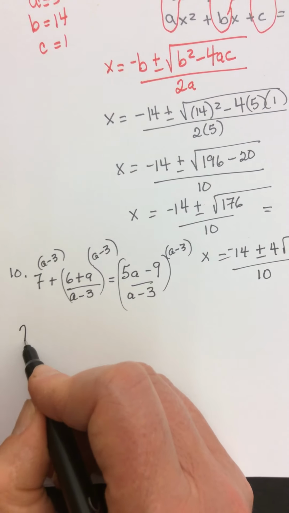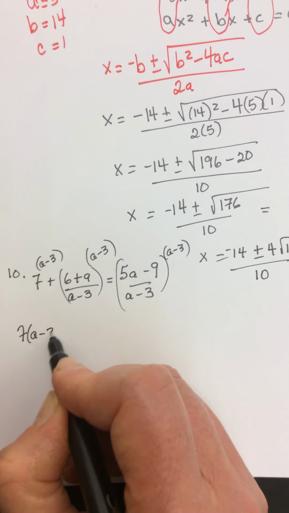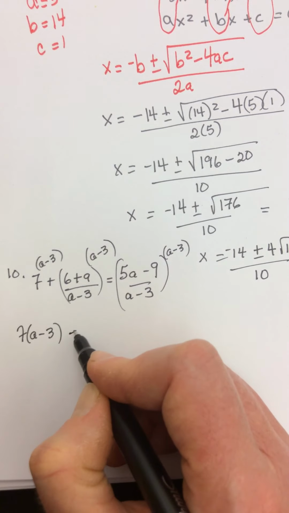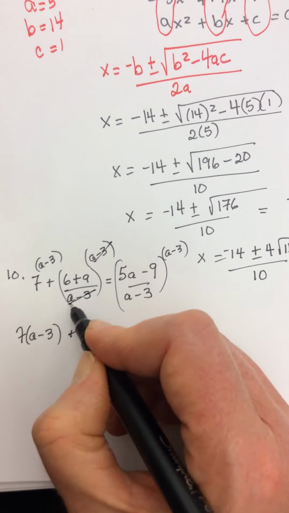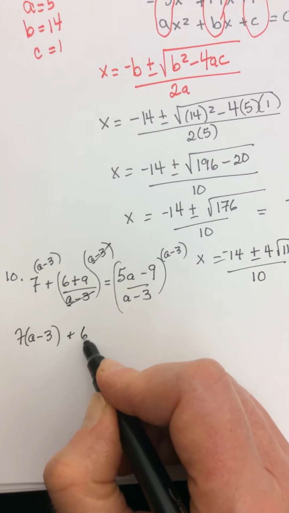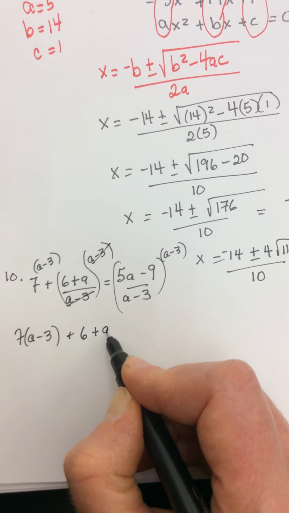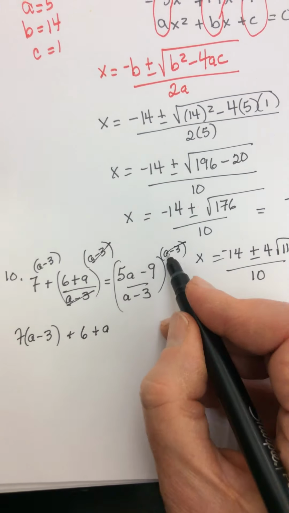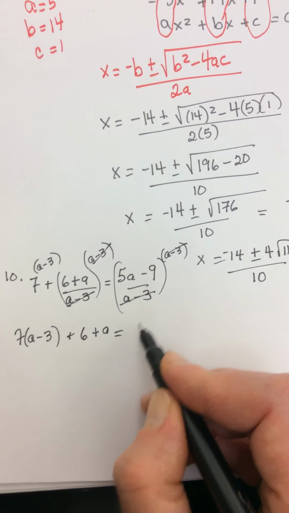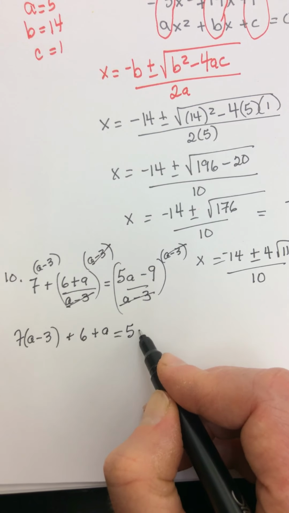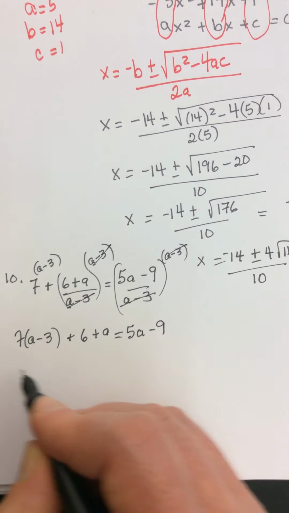When you multiply the 7 by a minus 3, you get 7 brackets a minus 3. When you multiply this second term by a minus 3, the a minus 3's cancel, and you're just left with 6 plus a. And when you multiply this term by a minus 3, again the a minus 3's cancel, and you're left with 5a minus 9.